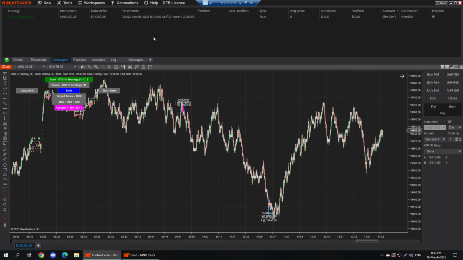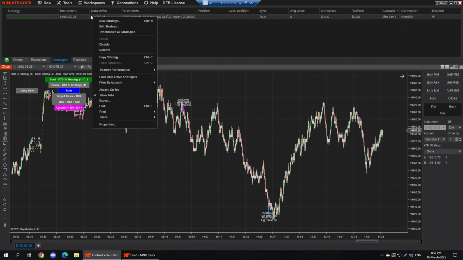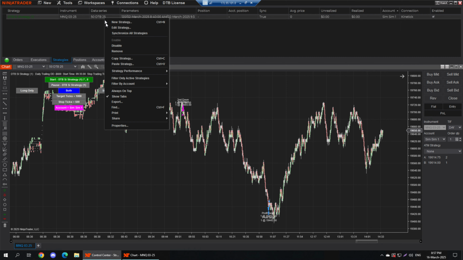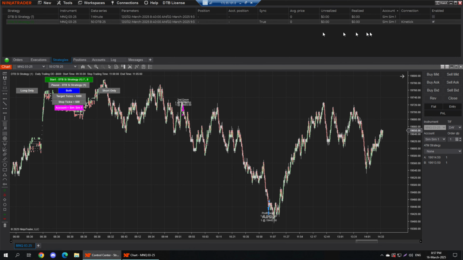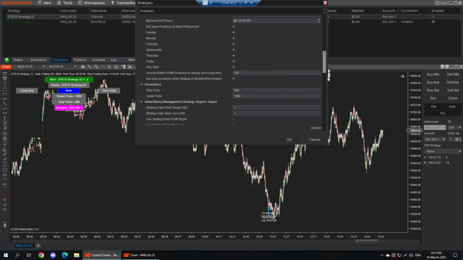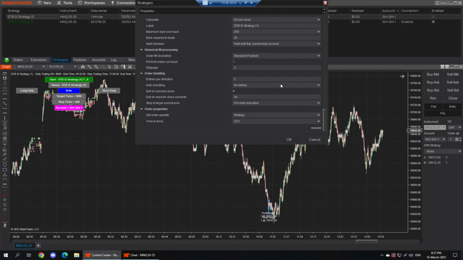Now, what you can also do, which is very, very awesome, is you can go and copy the strategy, and you can paste the strategy, right? Now you've basically chosen the same strategy. All you've got to do is edit the strategy, and inside the settings, choose the bar size.